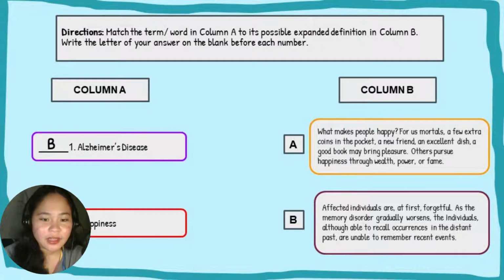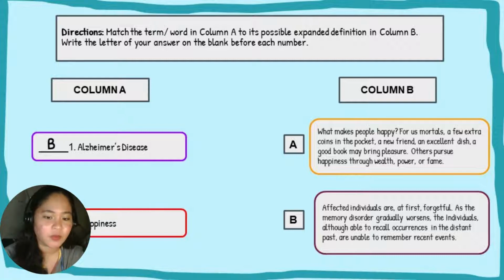The expanded definition for Alzheimer's disease is letter B. It only means, class, affected individuals are at first forgetful. As the memory disorder gradually worsens, the individuals, although able to recall occurrences in the distant past, are unable to remember the recent events. So that is the expanded definition for Alzheimer's disease.